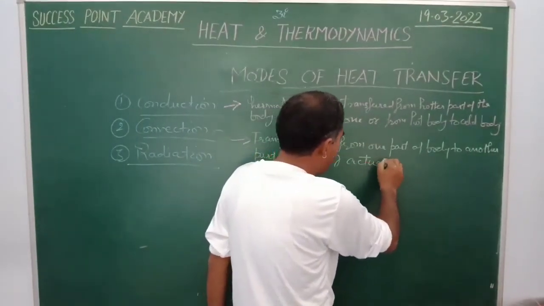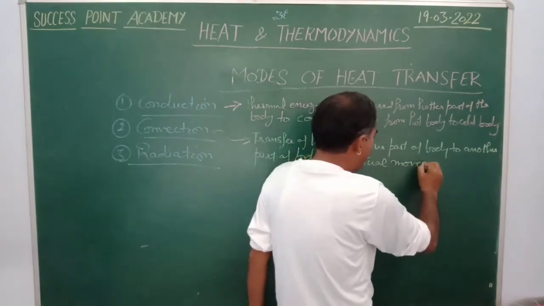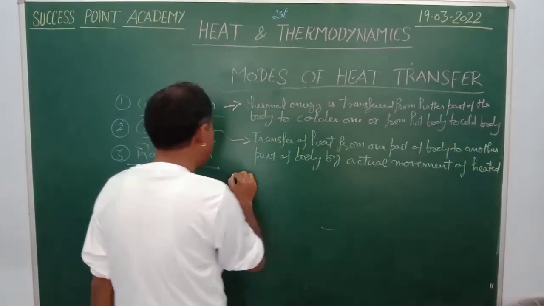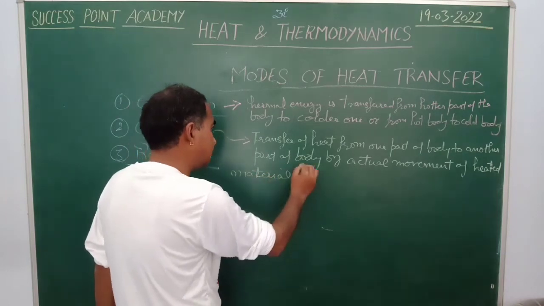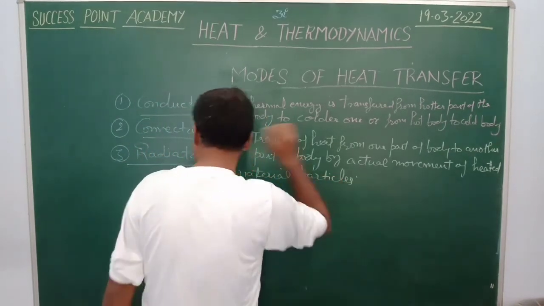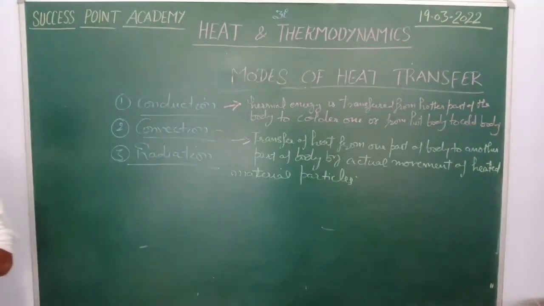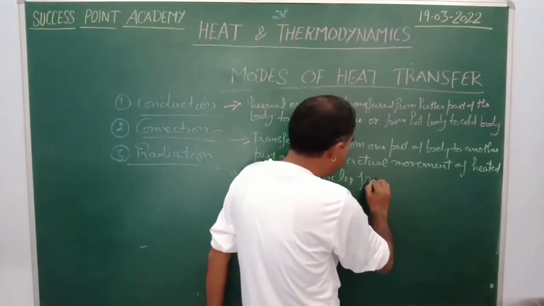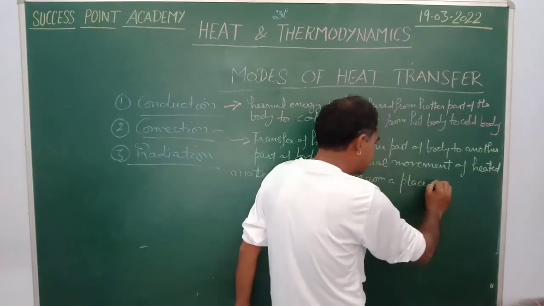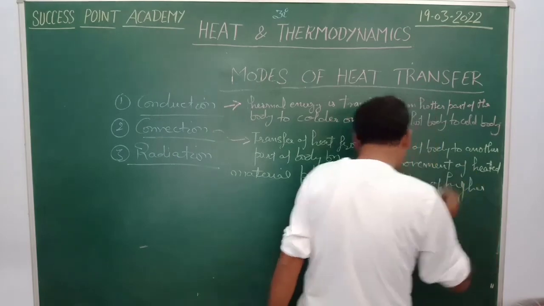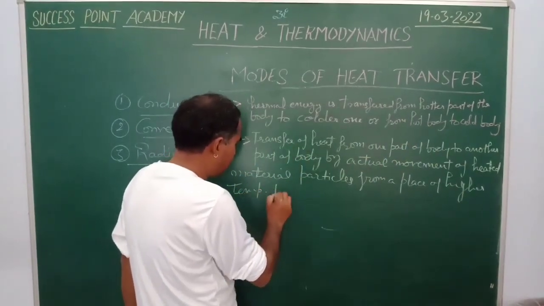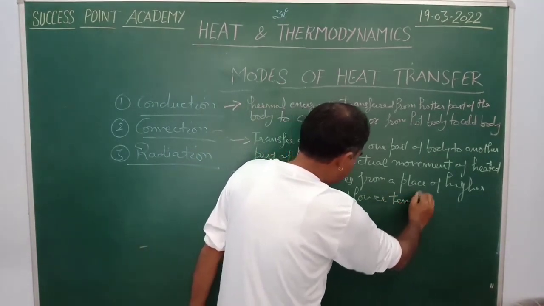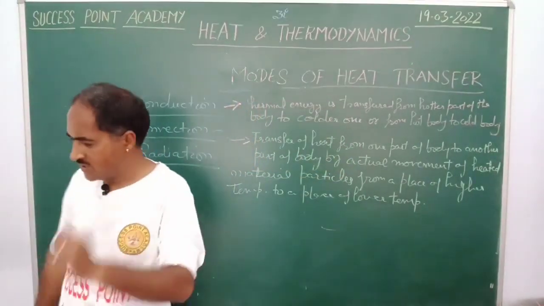See, there is a little similarity with the line above. This is convection. Or you can say, by movement of particles from a place of higher temperature to a place of lower temperature. So students, this is the definition of convection.